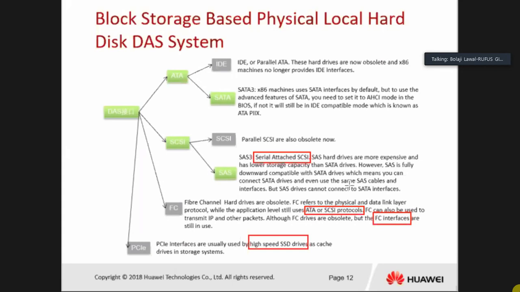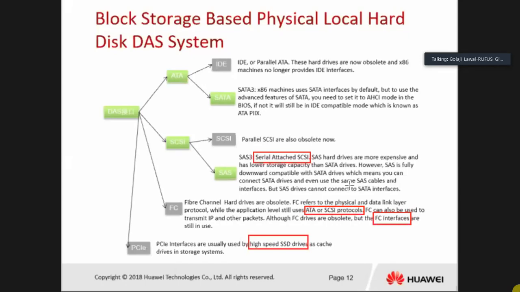However, SAS is fully downward compatible with SATA drives, which means you can connect a SATA drive using the same SAS cable and interface. But SAS drives cannot connect to a SATA interface.